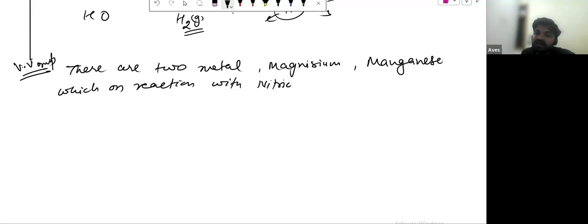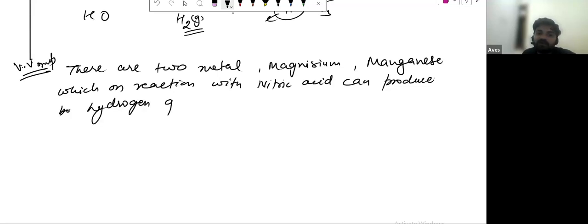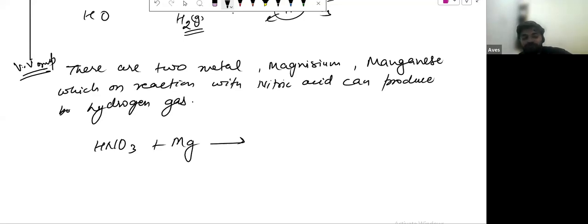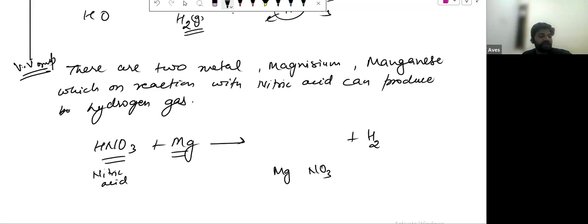For example, when HNO3 reacts with magnesium, what will it give you? Hydrogen gas will be produced. MgNO3 is not the correct formula.